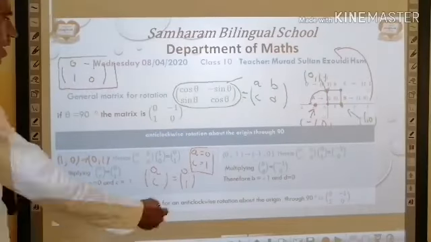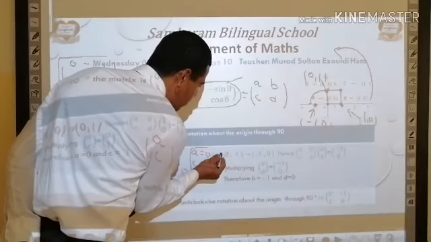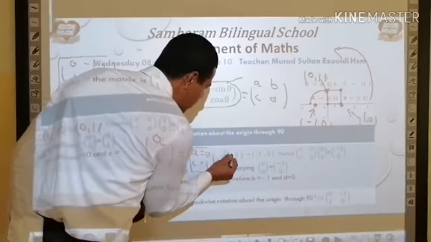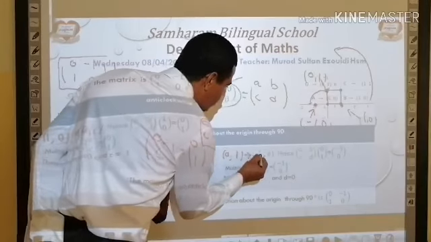Okay, then for the next one, we saw that 0, 1 maps to what? Maps to negative 1, 0.